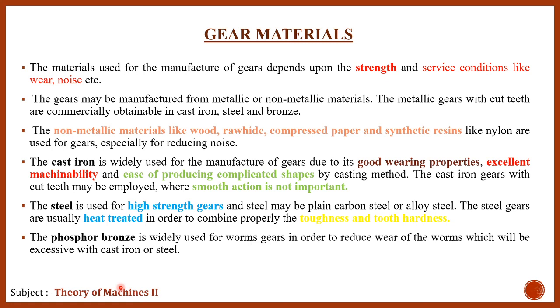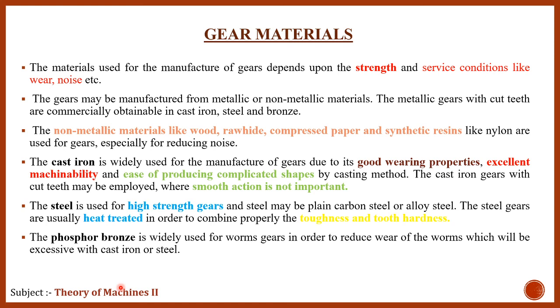These gears are usually heat treated in order to combine the properties of toughness and hardness. Again, we use phosphor bronze for the worms to reduce the wear of the worms, which would be excessive with cast iron or steel.